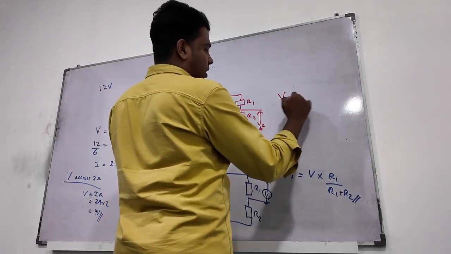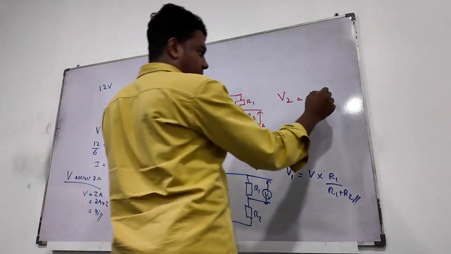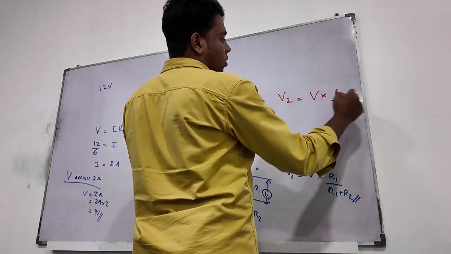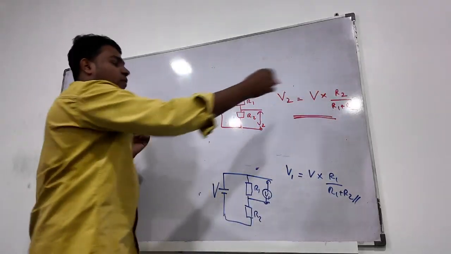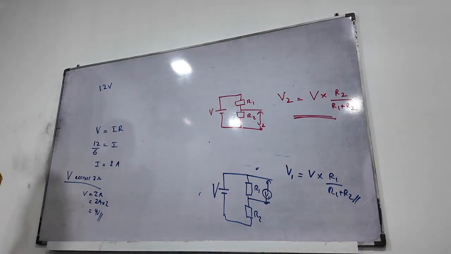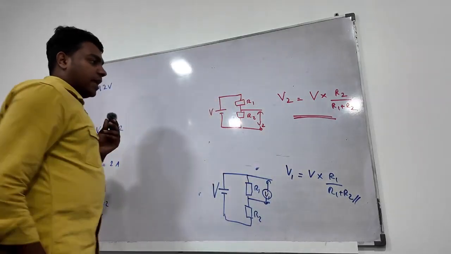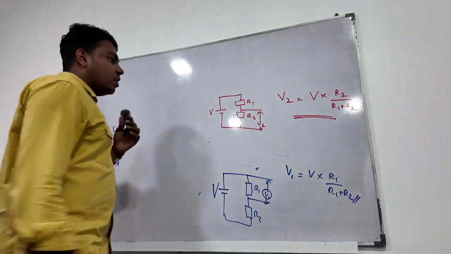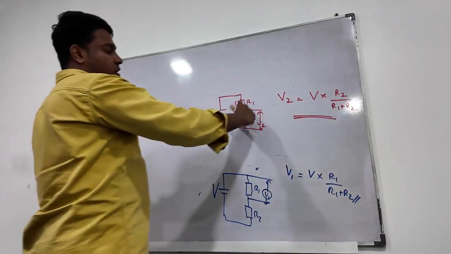So then V2 will be equal to total EMF V times R2 over R1 plus R2. Is it clear? It's like a ratio we are building. So we are basically saying that out of the main EMF, the main power given to the cell, this much of an amount is acting across R2.